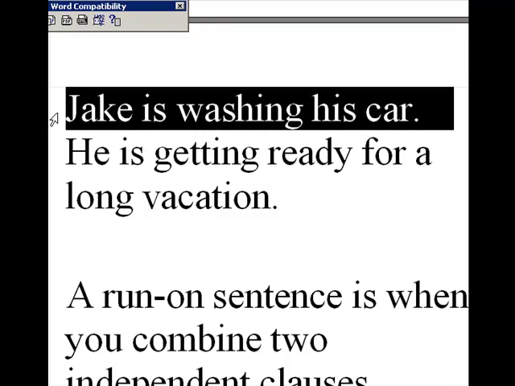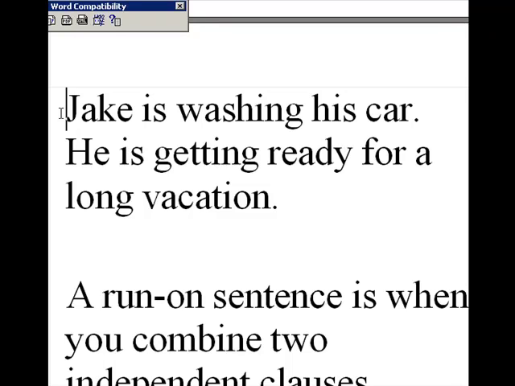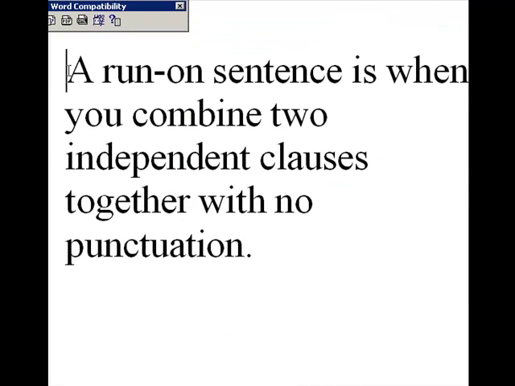Now, I've got to warn you, though, if you use simple sentences like this, Jake is washing, he is getting, and you write that way a lot, that does not demonstrate advanced grammar skills. It is possible you could score lower there, so it's not always good to use a short, simple sentence writing style. All right, let's go on to the next idea.